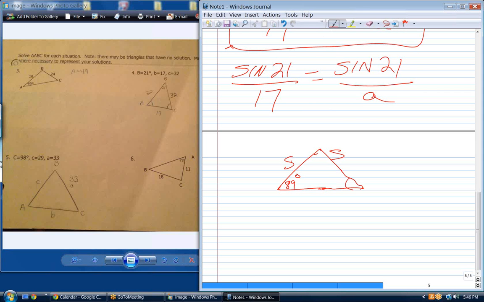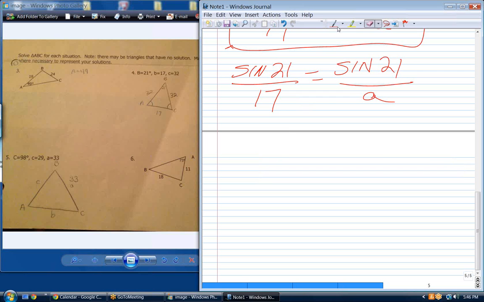Well, that one there can be that answer, or it can be this one here. And it all depends on whether that second angle added to this known angle is less than or greater than 180. If it's greater than 180, throw it away, use only the one solution. If it's less than 180, use it.